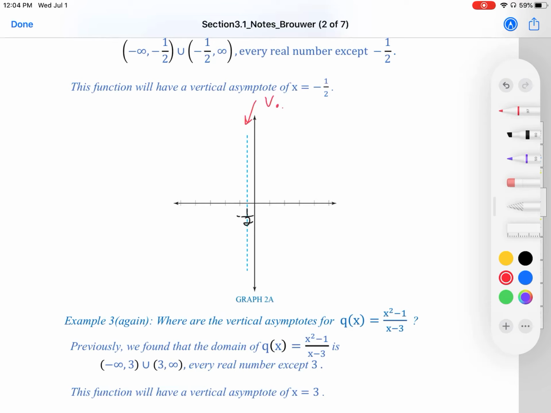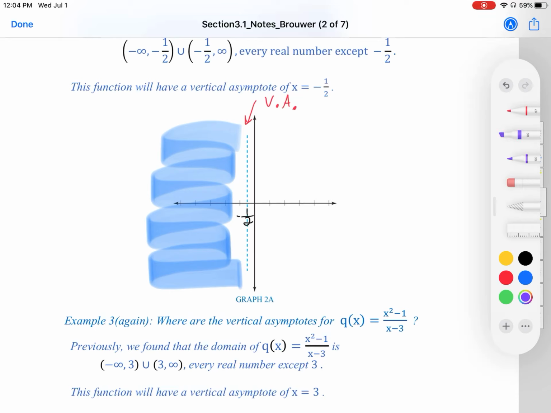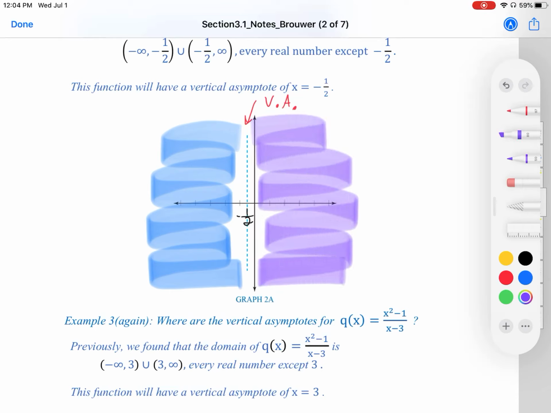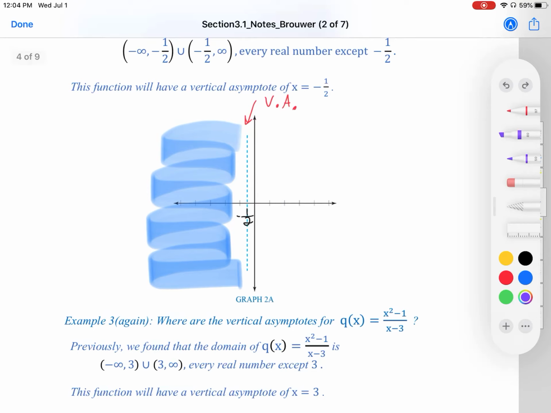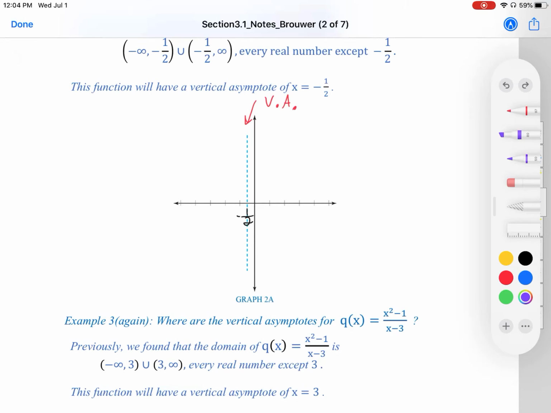That's your vertical asymptote. That's usually how we write it short, VA. And this vertical asymptote splits your graph into two pieces: the piece that's left of your vertical asymptote and the one that is right of it. We'll talk more about what to do with those two different pieces in the next section, but we'll see a glimpse of it here.